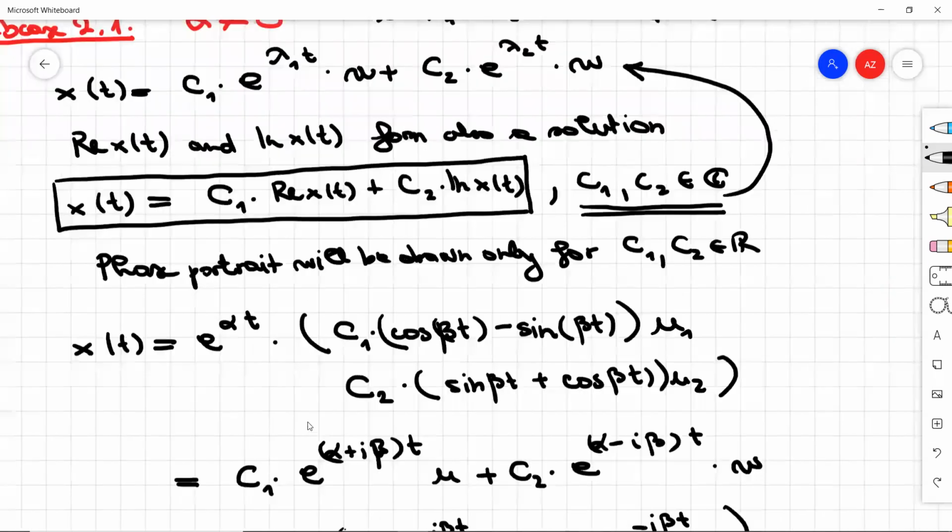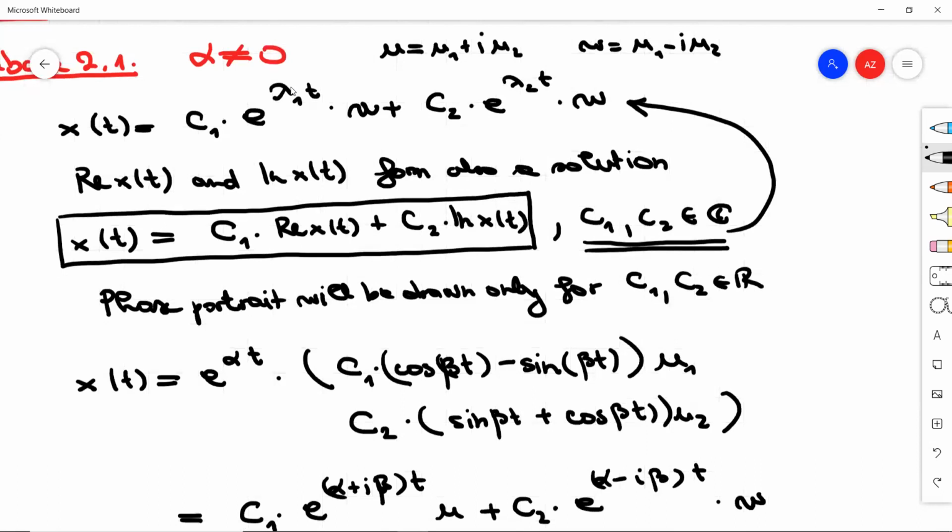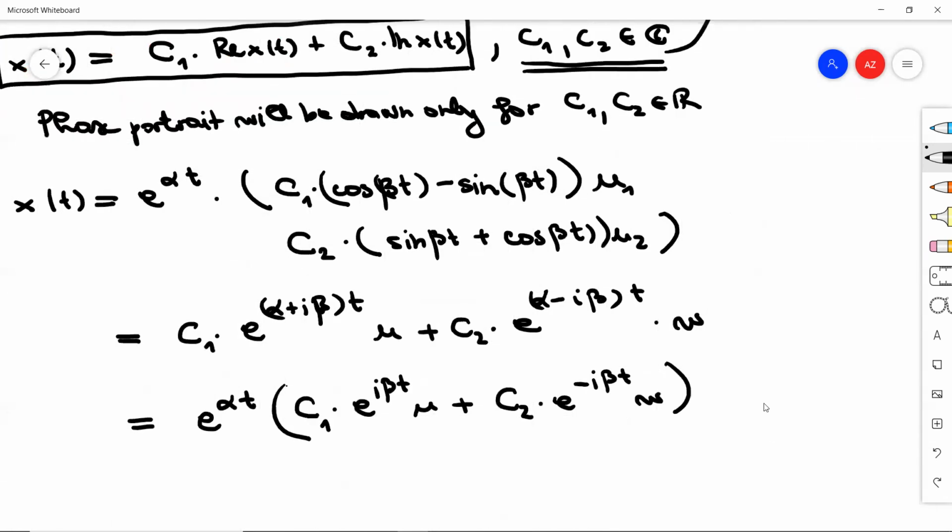But this lambda 1 is multiplied by t. So I just plugged in for lambda 1, alpha plus i beta. So this t must be multiplied by both summands: t is multiplied by alpha and also by i beta. Okay, I see. Thank you. So this is this one.